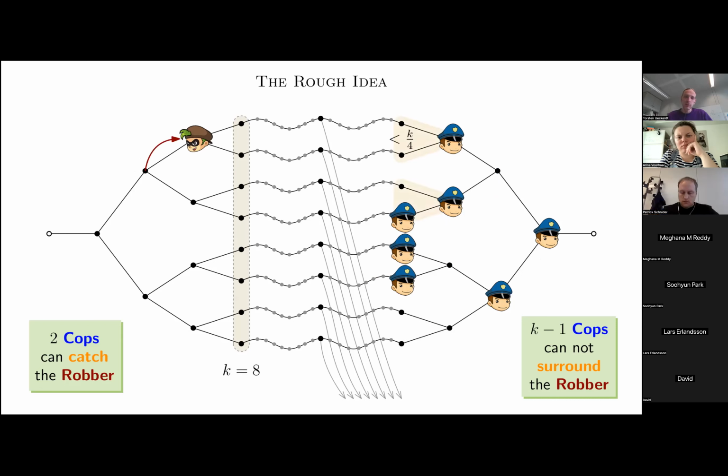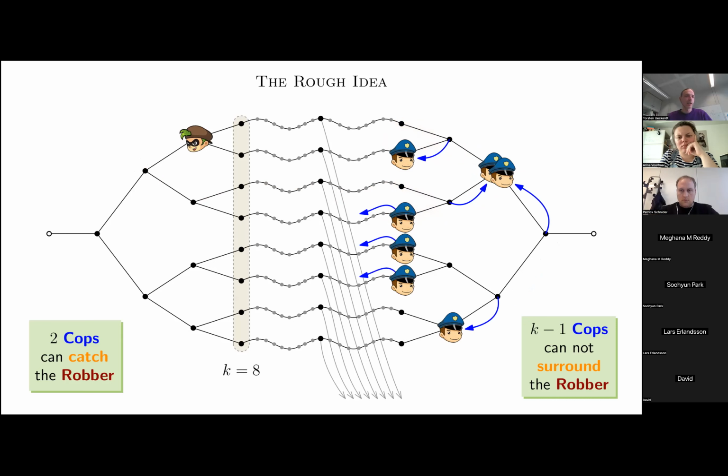The robber can see the 2 subtrees now having in total 4 possible exits, 4 leaves. But since before there were less than k over 2 cops, less than 4 cops, now in one of the 2 subtrees there are less than k over 4 cops. And he goes to this side. And again, the cops move.